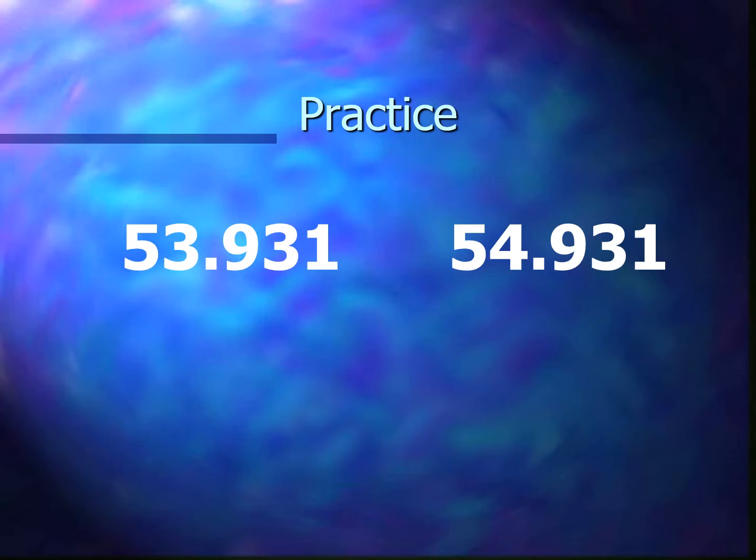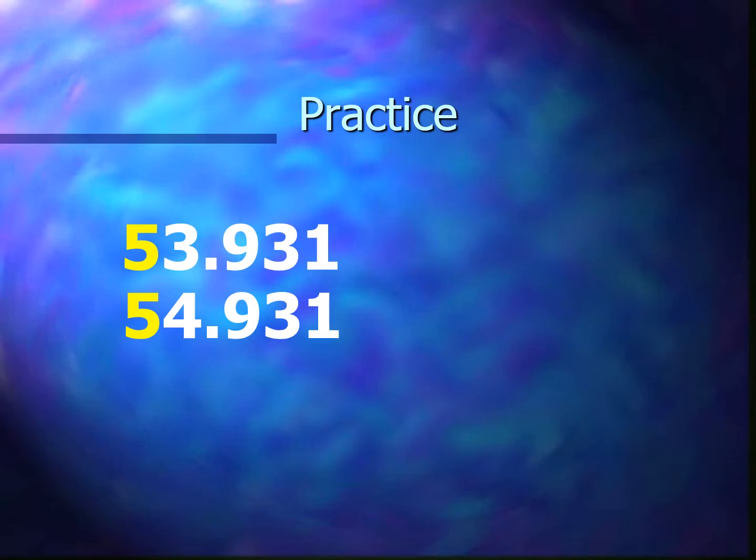Alright, let's practice. I'll do this one along with you. We're comparing 53 and 931 thousandths to 54 and 931 thousandths. First step, we line up our numbers, line up our decimals, and go as far left as we can to the highest place value, in this case the tens place. We now see that the fives, which are highlighted in yellow, are the same value.